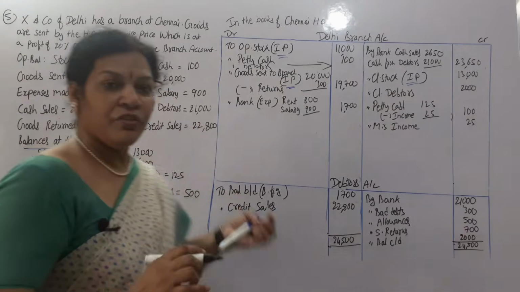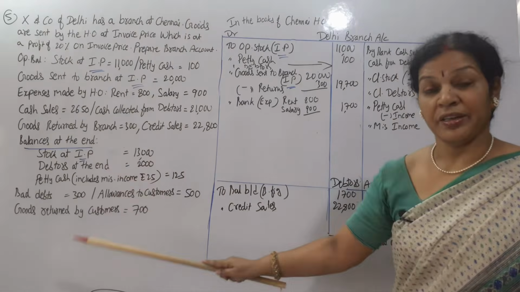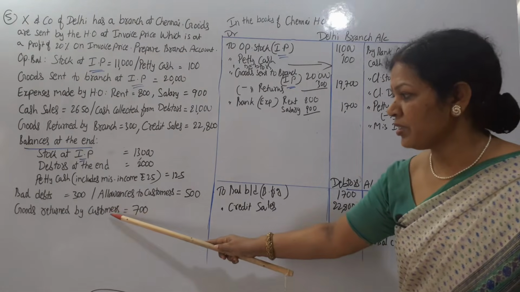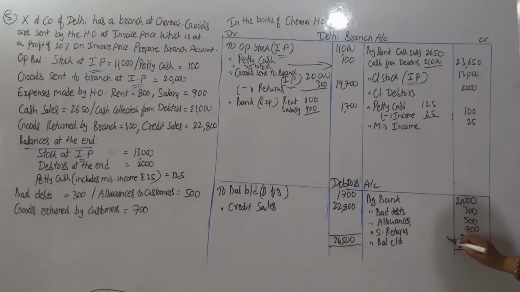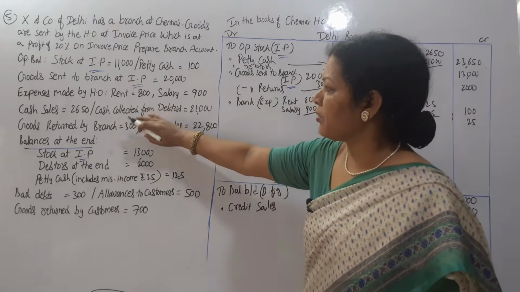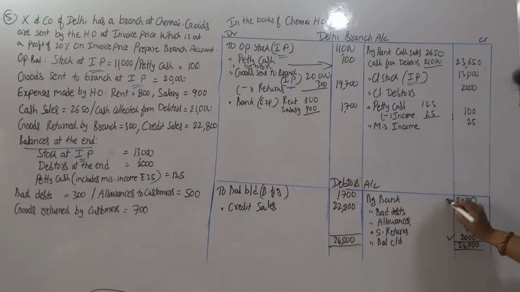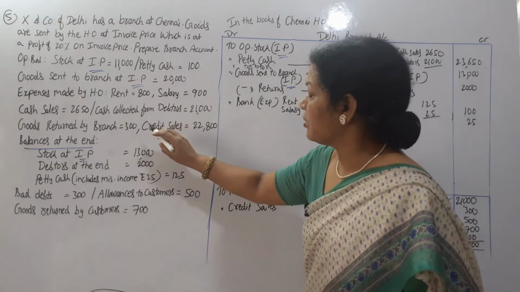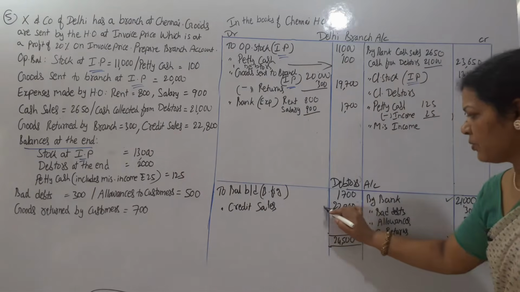Now whatever information is there related to the debtors we have posted, like closing debtors 2000 posted here. In the same way, cash collected from debtors 21,000, it's here. Credit sales are posted here.